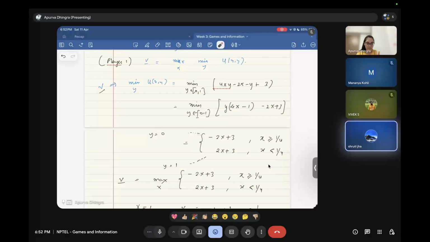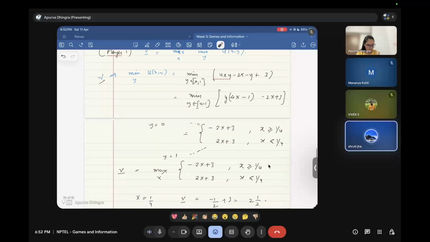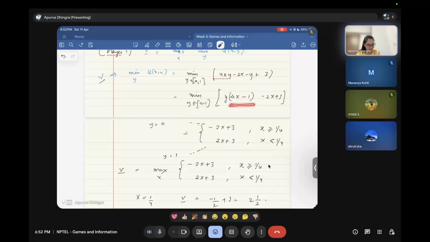If y is equal to 0, then why does the condition matter anyway? What you're saying makes sense: we are first checking what y should be, and accordingly designing the value of x, because the value of x decides what this coefficient will be.